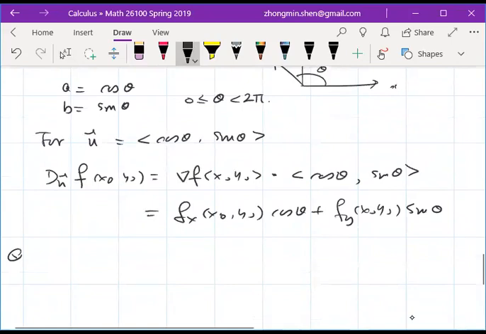Okay, let's take a look at the next problem. Problem number 6. You are given the function f of x, y equal to the square root of 2x plus 3y.